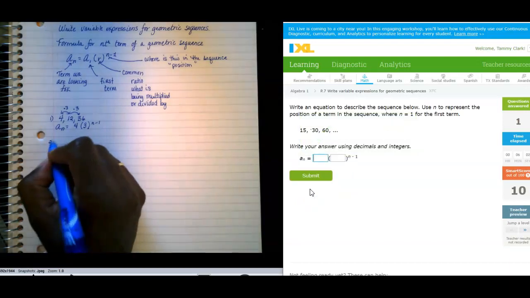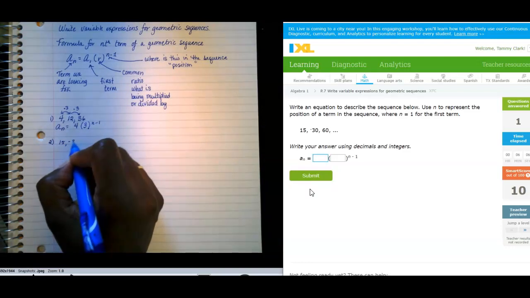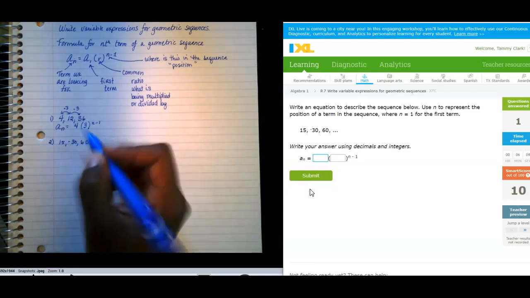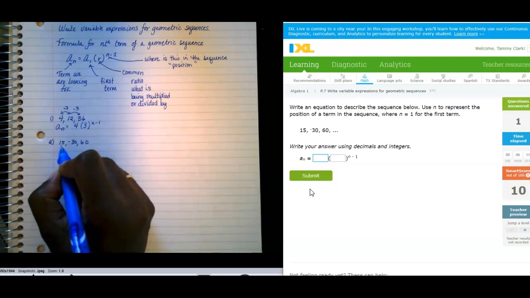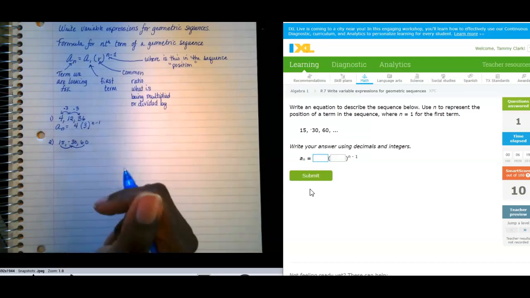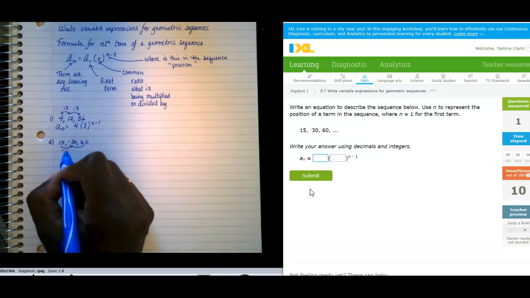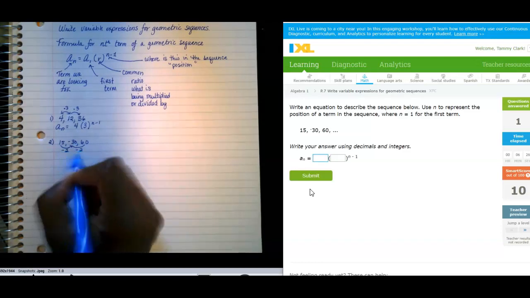Number 2, we've got 15, negative 30, positive 60. Well, think about this. If I divide 30 by 15, it would be 2, just as well as if I divide 60 by 30, it would be 2, and that would be great. But we have this negative in here. So really our common ratio is negative 2.